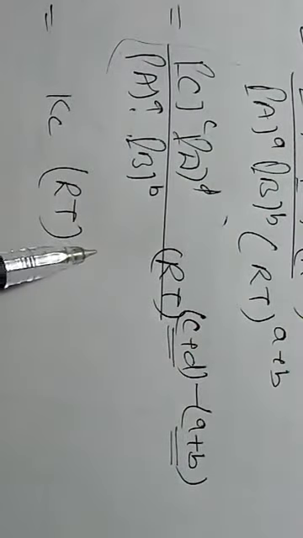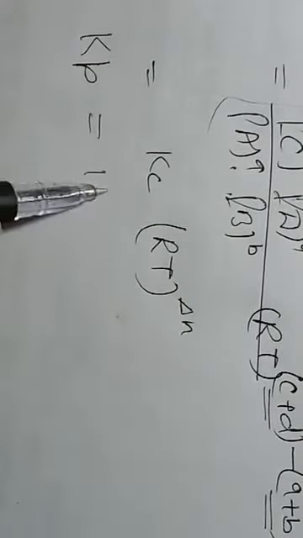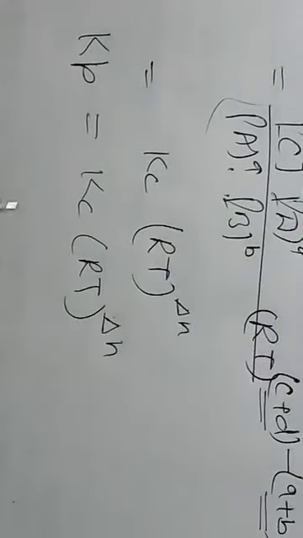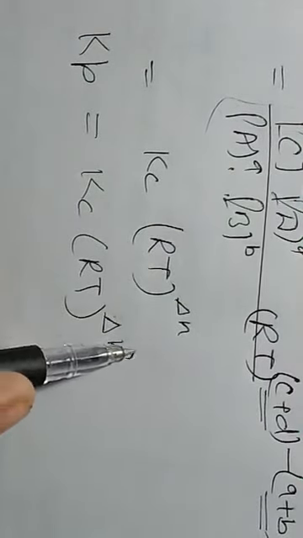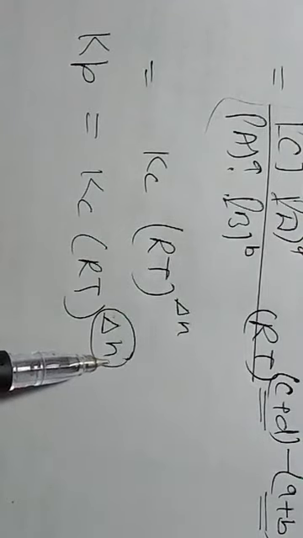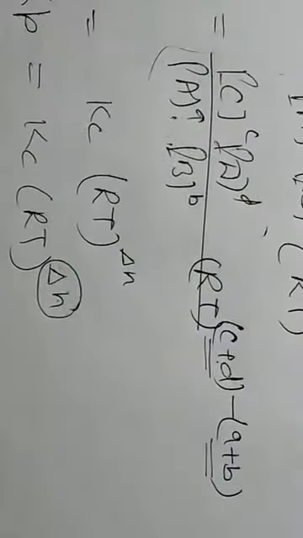So this we can write in terms of delta n. So the relation will be Kp equals Kc times RT raised to the power delta n, where delta n is the number of moles of gaseous product minus gaseous reactant.